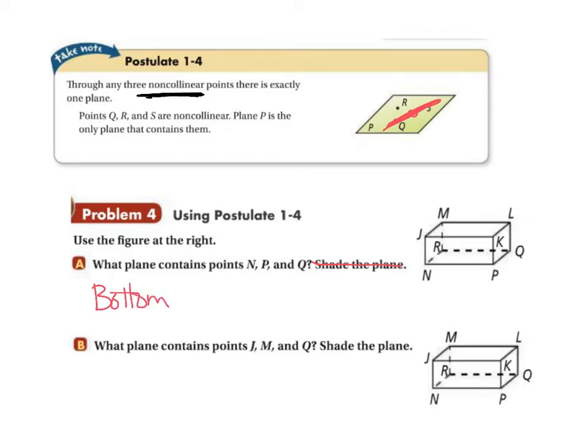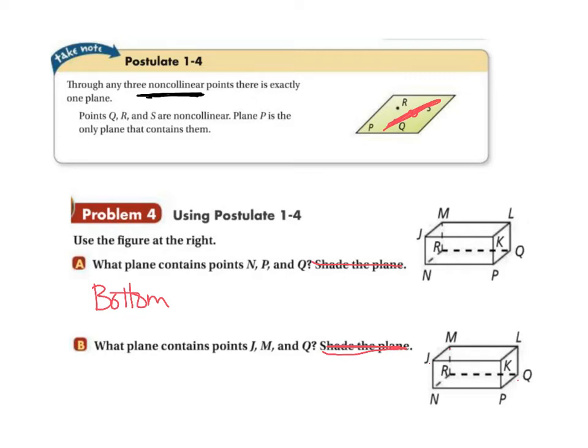Now, it can get trickier than that. It says, what plane contains J, M, and Q? Shade the plane. I'm not going to mess with shading it, but it's tricky because J, M, and Q is not one of the 6 faces of my box.